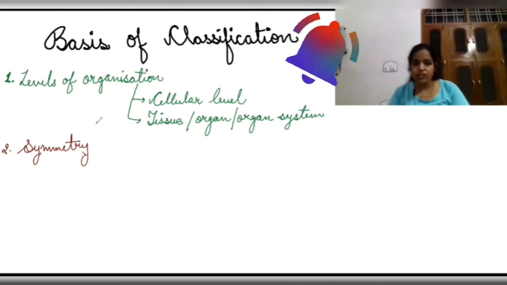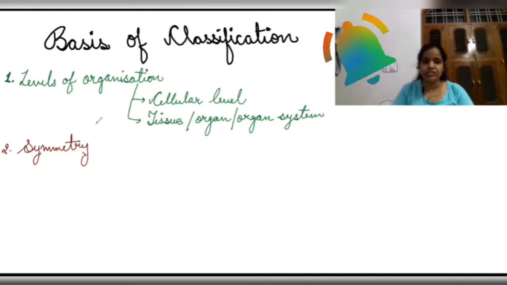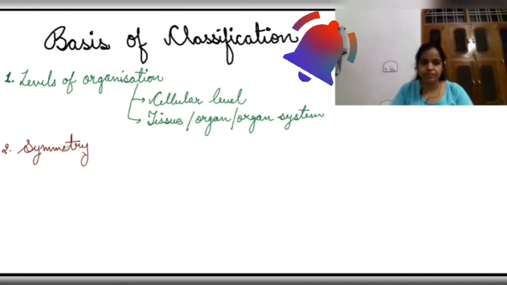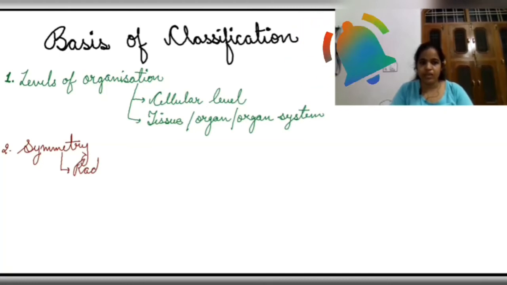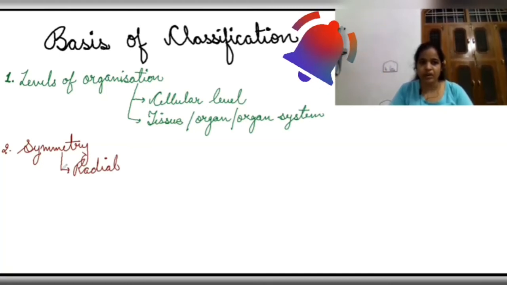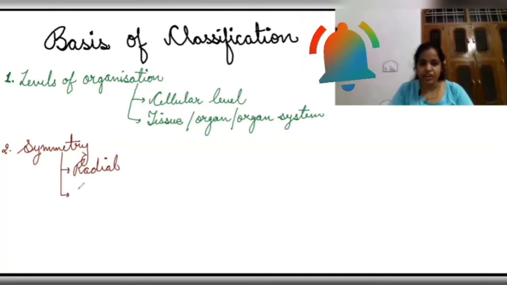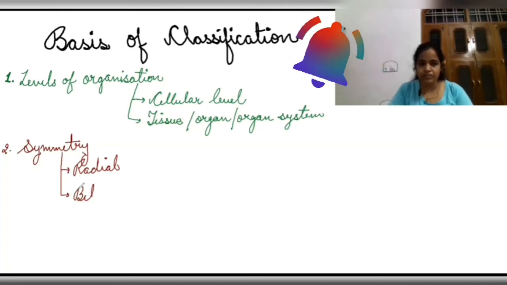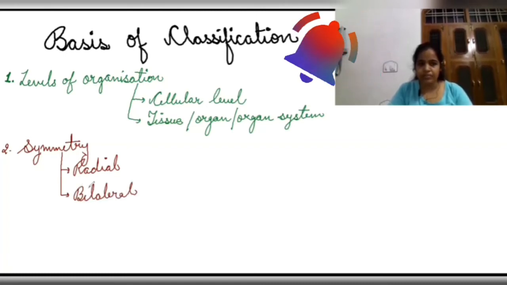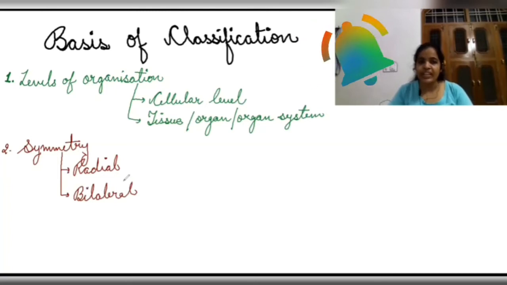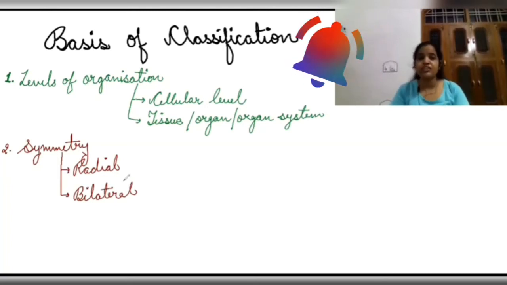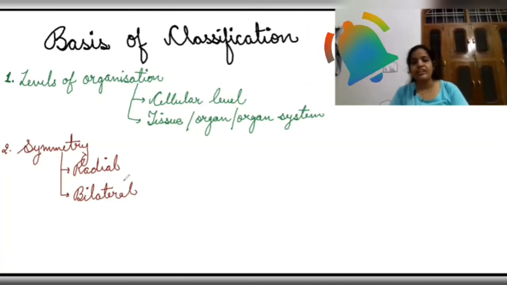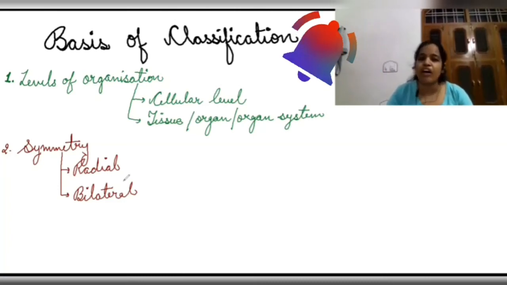Now, on the basis of symmetry, we have two types. One is radial and another one is bilateral. Radial means you can cut it with any axis passing through the center, and it will divide into two equal half pieces.